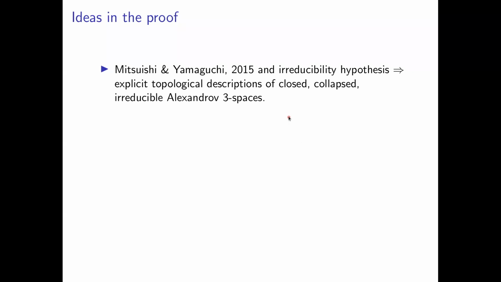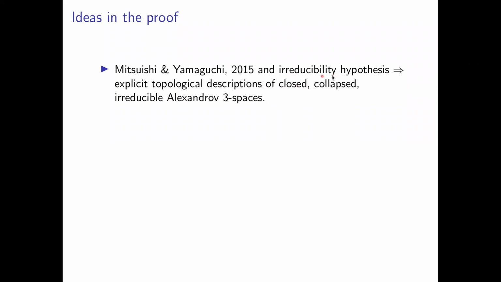Yeah, I think, okay. So now the irreducibility hypothesis, and this topological description, lets you get really explicit topological descriptions of all these closed collapsed Alexandrov spaces. But here the key is irreducibility.